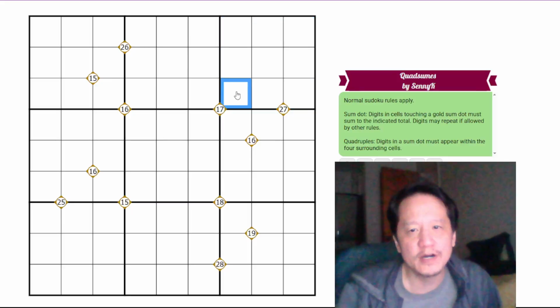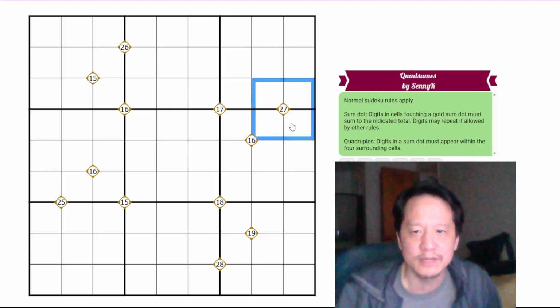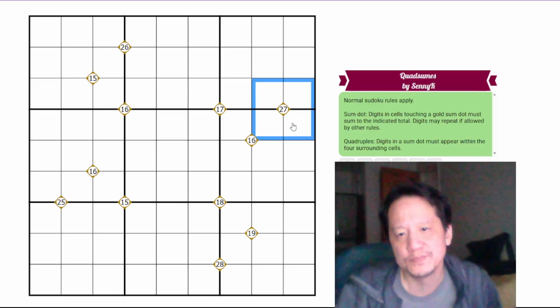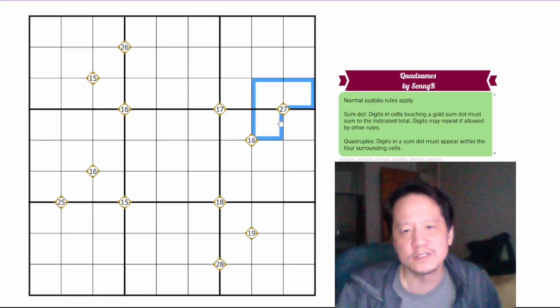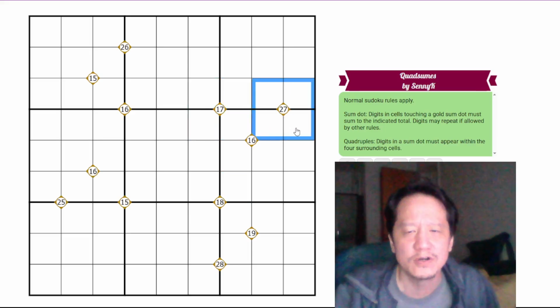We have a sum dot, where digits in cells touching a gold sum dot must sum to the indicated total. Digits may repeat if allowed by other rules. So basically the 4 cells surrounding a gold sum dot, which I think all of these are, must sum to the indicated total.